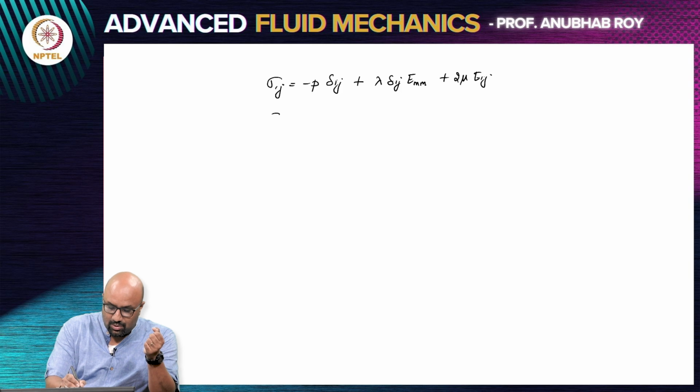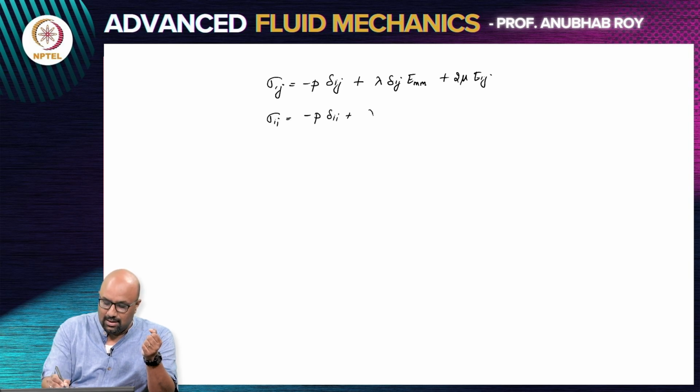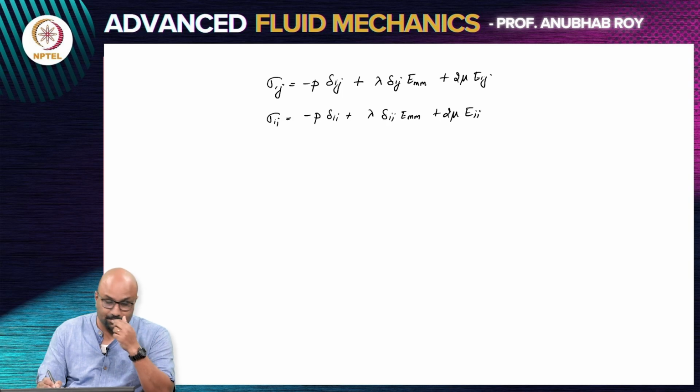So, if I compute sigma ii from this expression, I have minus P delta ii plus lambda delta ii Emm plus 2 mu Eii. All good?